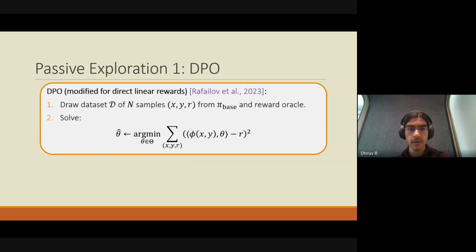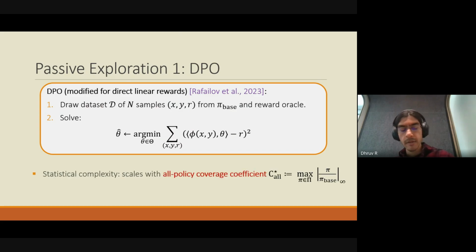So here's the pseudocode. What you can show is that the statistical complexity of this algorithm will scale with the all policy coverage coefficient. So this is the worst case over all policies in your class of the density ratio between that policy and the base model. So for this to be efficient, you need that the base model covers every single policy in your policy class, which is not great.